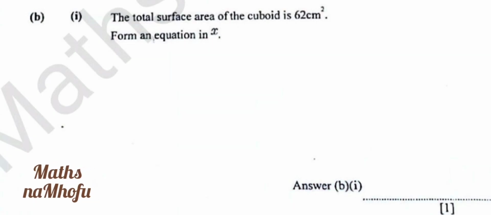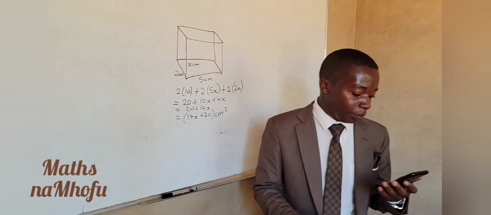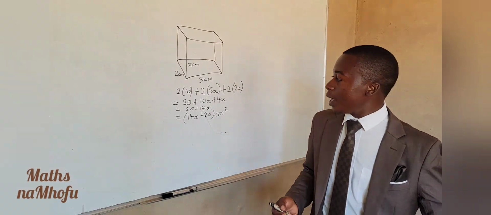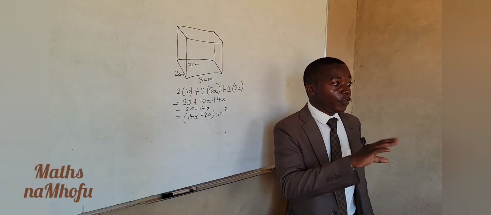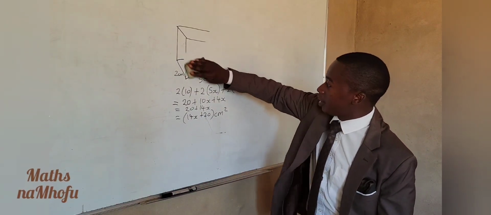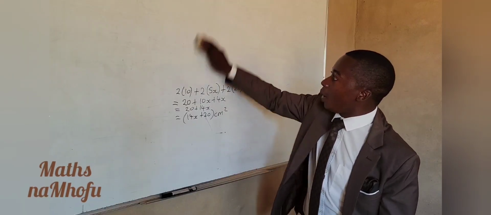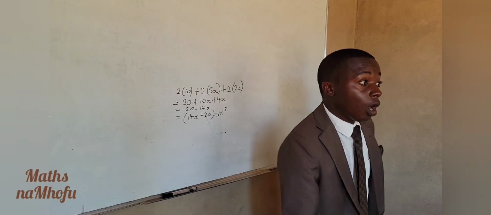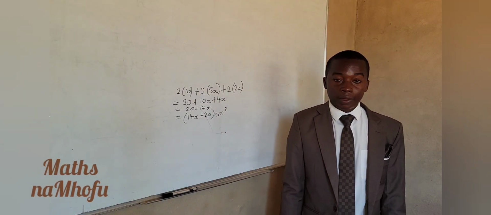The total surface area of the cuboid is 62 square centimeters. Form an equation in x. This is very simple. Remember, I told you that the difference between an equation and an expression is that an equation has an equal sign, while an expression doesn't have an equal sign. Are we together?